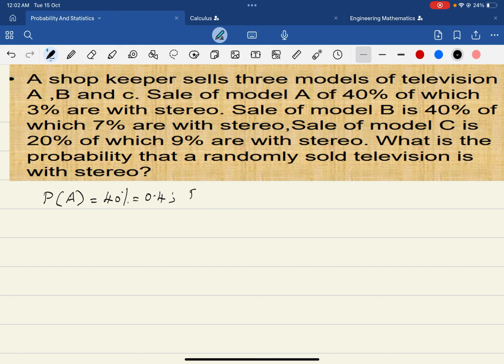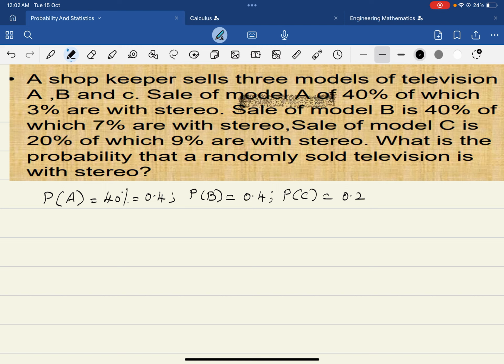Next, the sale of model B is given as 40%, so again it is 0.4. Then probability of C is given as 20%, so that is 0.2.